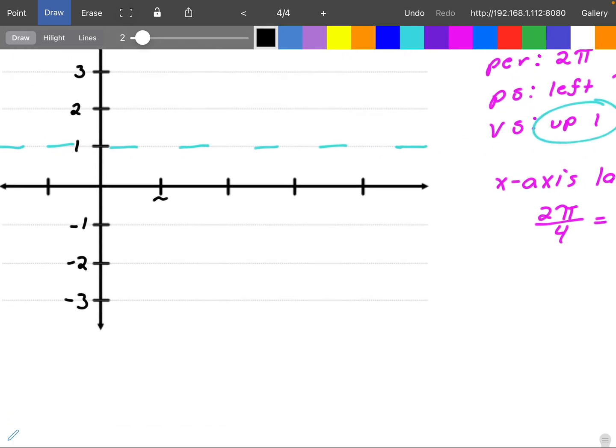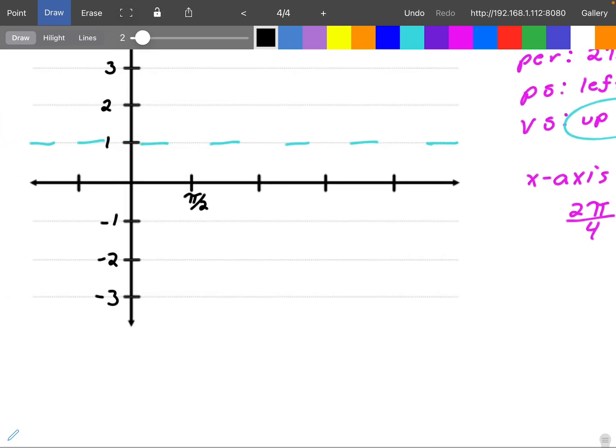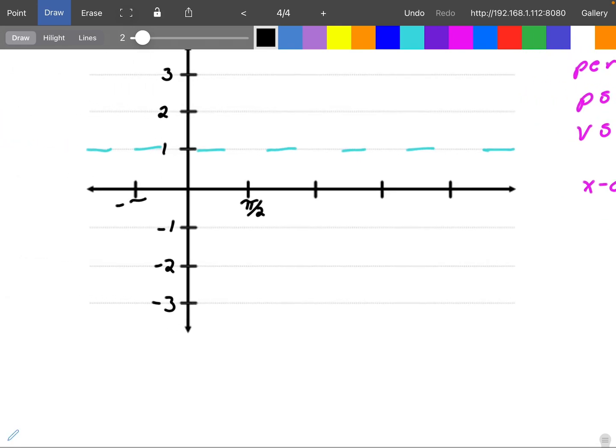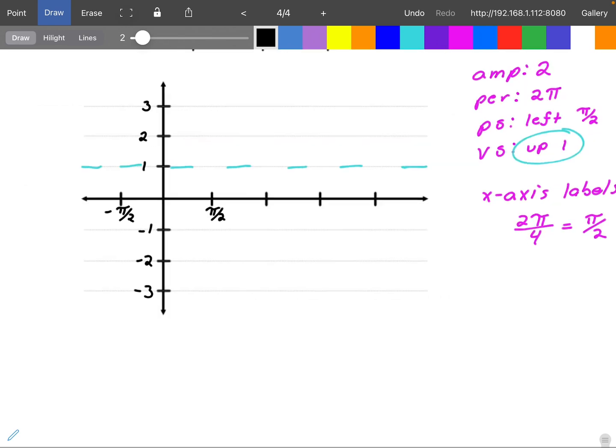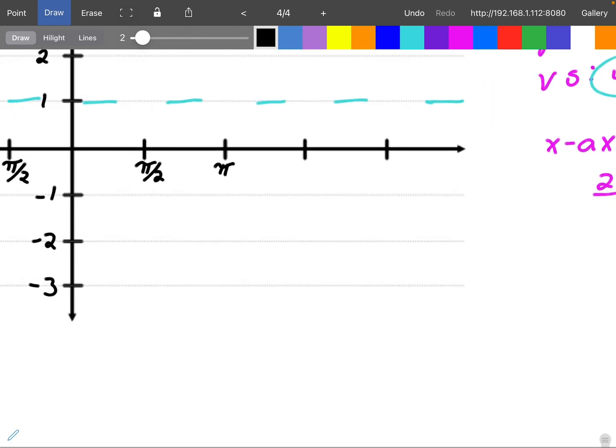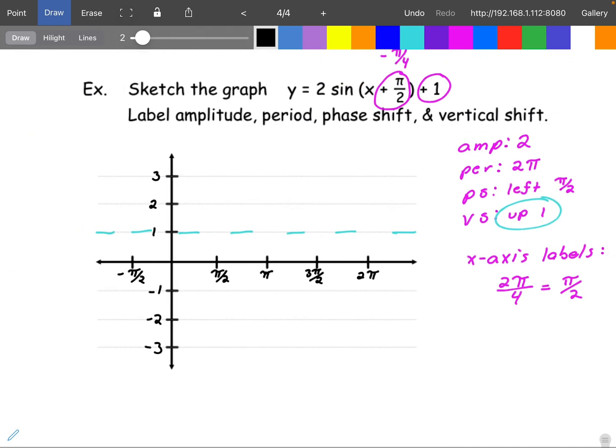So when I label my x-axis, I'm going to do pi over 2, which means this would have to be negative pi over 2. Then after pi over 2 is 2 pi over 2, which is pi. Then 3 pi over 2, and then 4 pi over 2, which is 2 pi. Again, if you needed to go more than one period, you just keep going. You would do 4 more labels after that.